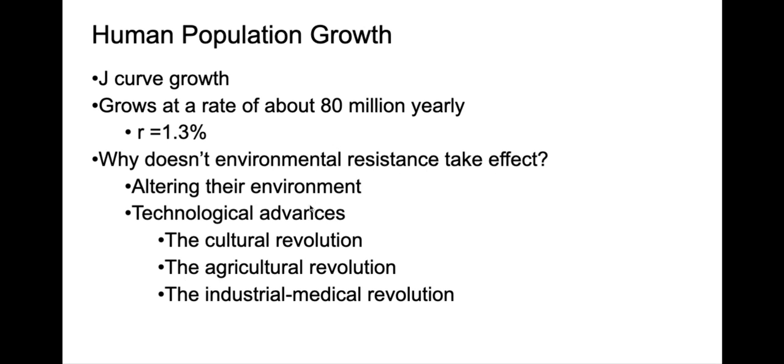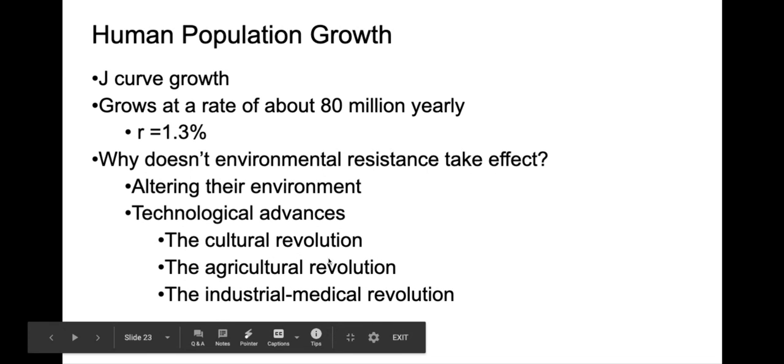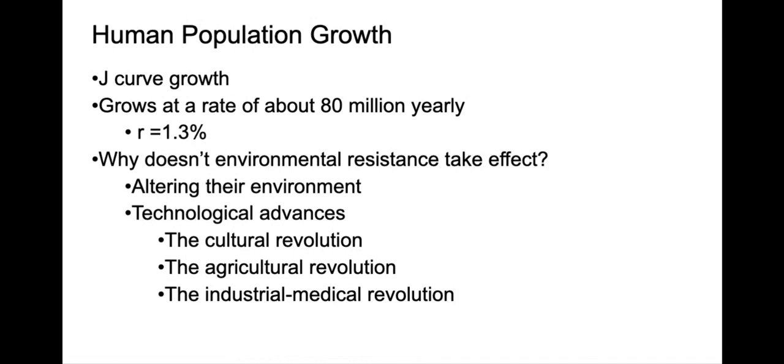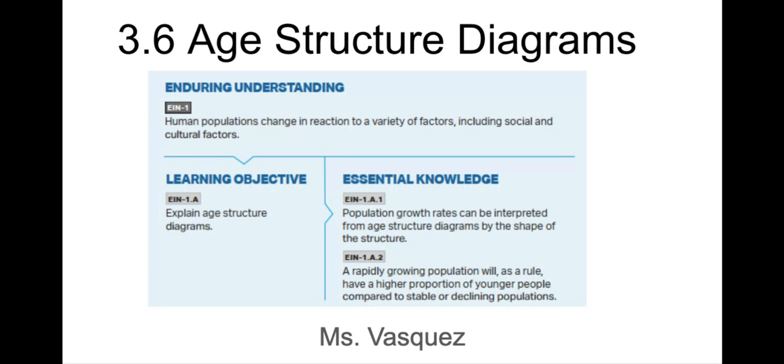We have some technology that helps us increase the resource use that we have, and because we have this industrial and medical revolution happening that is allowing us to overcome our amount of resources. So those are some reasons why.